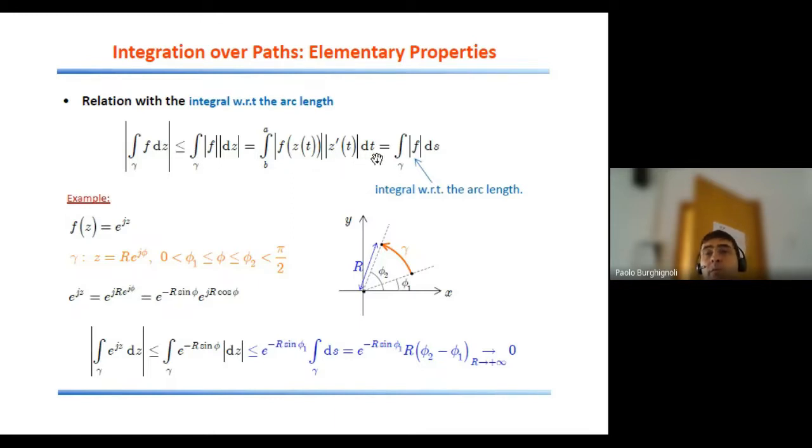This can also be written in a more compact notation as the integral along the arc gamma of the absolute value of the function with respect to the arc length ds, because ds is the elementary length of the arc, which is nothing but the product of the absolute value of z prime times the differential with respect to t, the real parameter t.